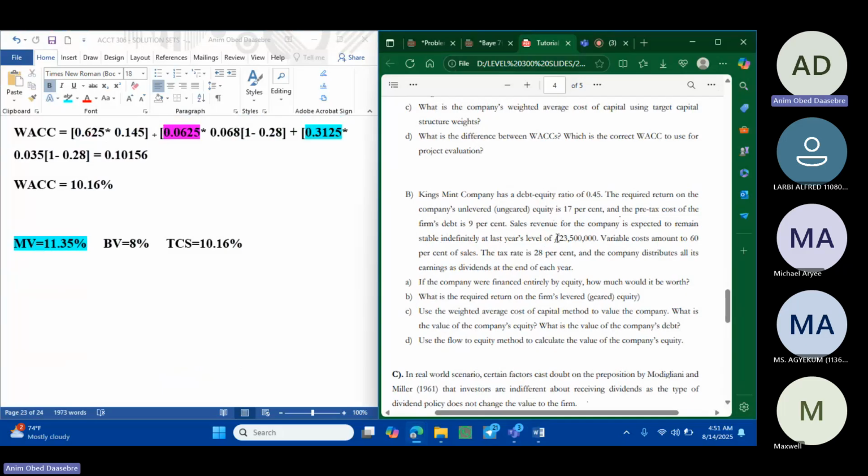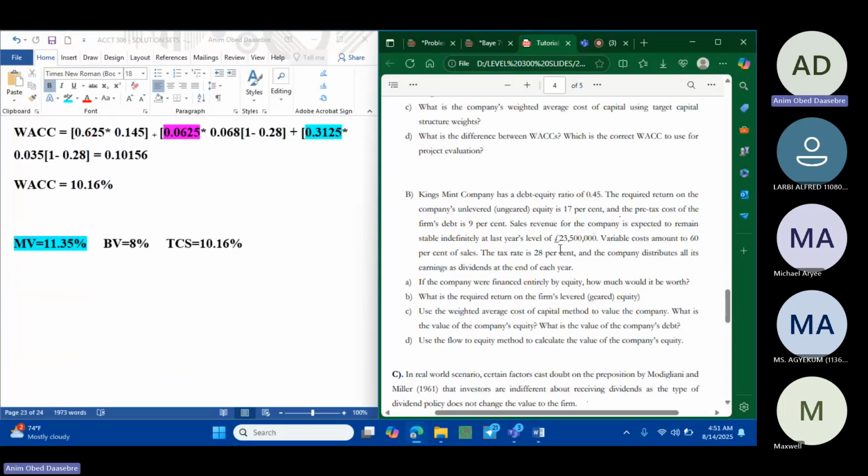Sales revenue for the company is expected to remain stable indefinitely at last year's level of 23,500,000 euros.